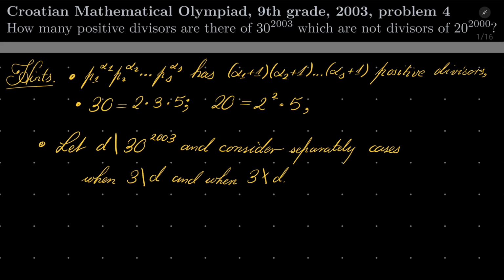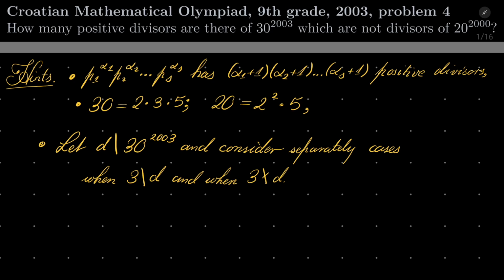Because when you construct a divisor, it must have the same prime numbers raised to some natural powers. And these powers are from 0 to alpha 1, for example, for the first prime p1. So we have alpha 1 plus 1 options, and so on. Then we have alpha 2 plus 1 options, so we can take p2 to the power of 0, p2 to the power of 1, and so on.